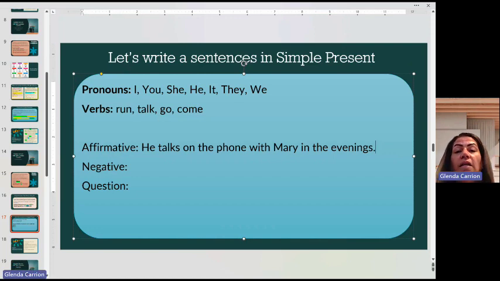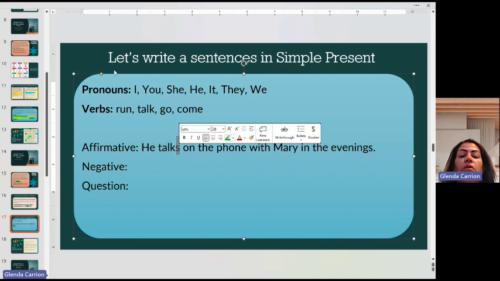Again, repetitive, right? He talks on the phone with Mary in the evenings. Notice that I added the S to the verb, okay? He talks.